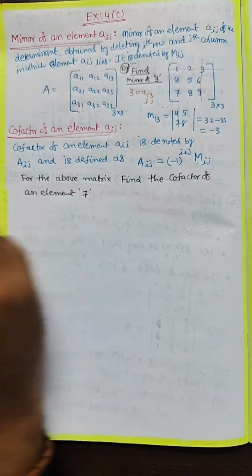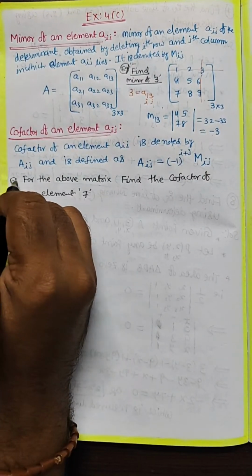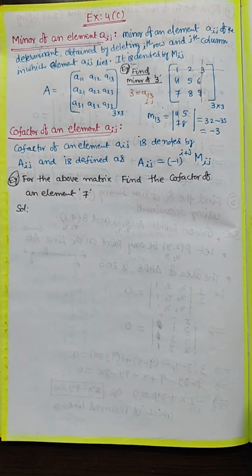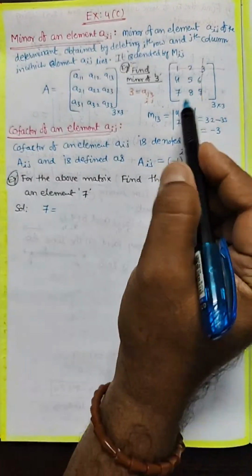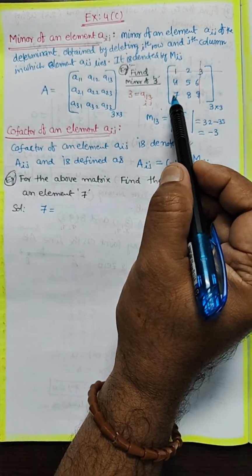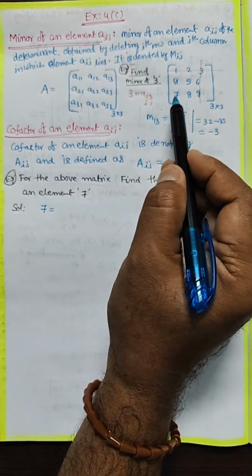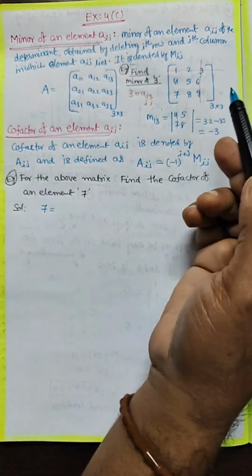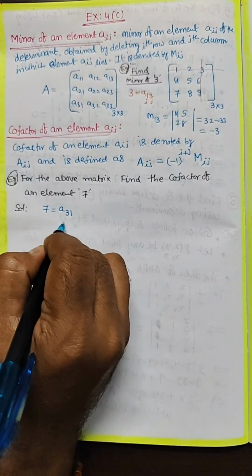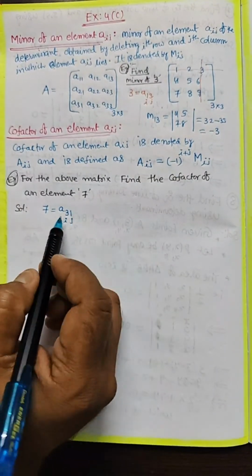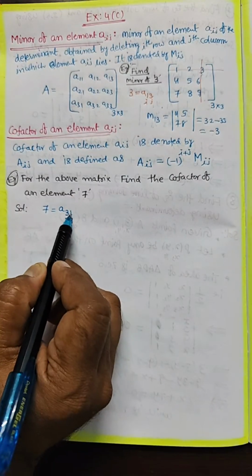Cofactor of element 7. First, what is the position of this element in this determinant? 7 is the third row, first column element, so it can be written as A31. Am I right, dear students? This is i, this is j. Third row, first column element, so i value 3, j value 1.